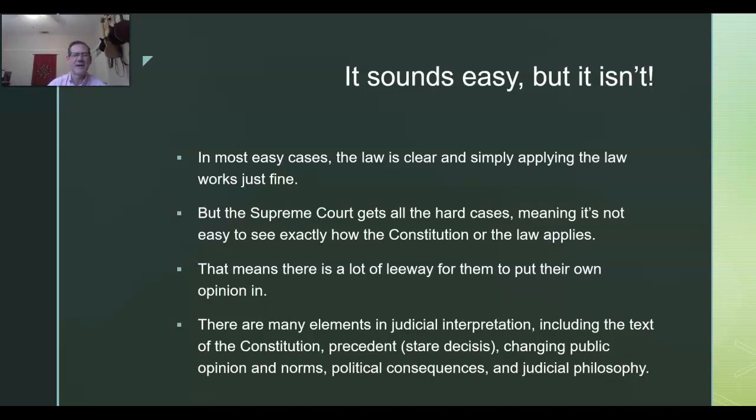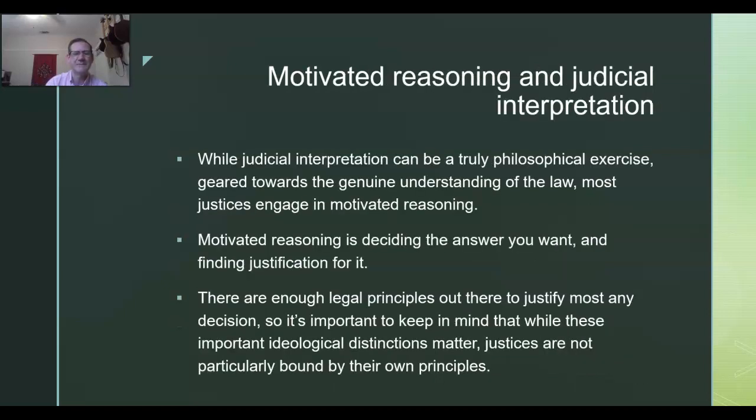Other things that get looked at are political consequences. What will happen if we rule this way? Some judges care more about that than others. Some care more about opinion and norms than others, and some care more about precedent than others, okay? And then finally, judicial philosophy, which gives a way to kind of rank all of these different variables at hand.